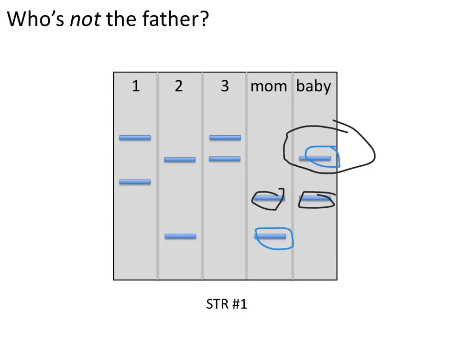We see that this fragment is identical in length to this person or this person. So both of these could be fathers. We don't know because there's going to be 13 different areas, and if they're fathers, they'll match up.